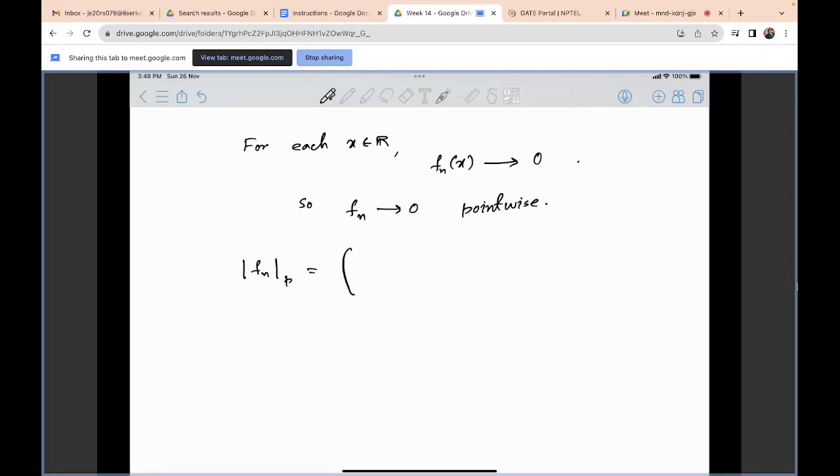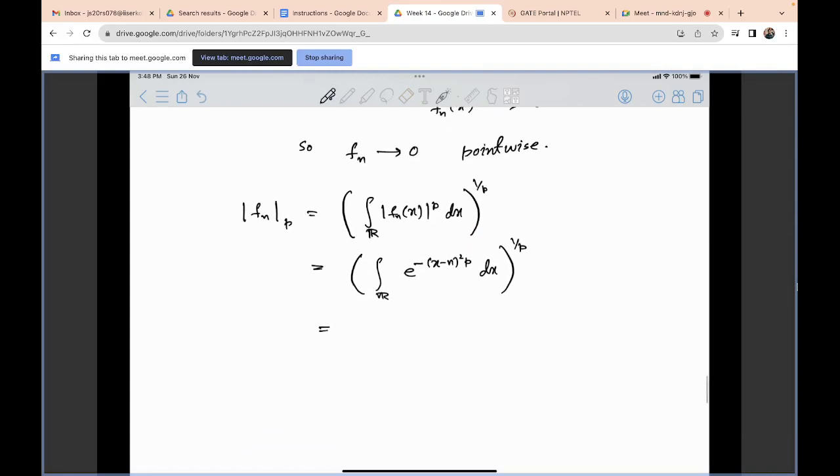What is this? This is the integral over R of f_n(x) to the power p dx. What is f_n? It is |e to the power minus (x minus n) squared| to the power p, and this is a positive function, dx. Here n is fixed, it is constant, right?